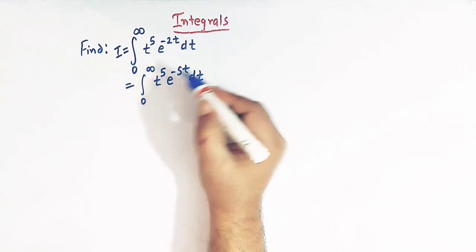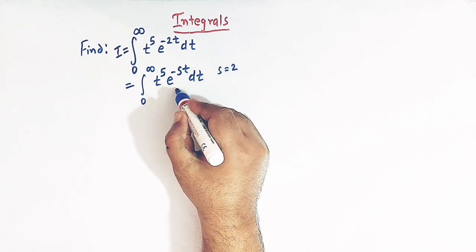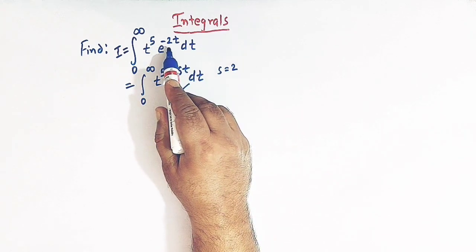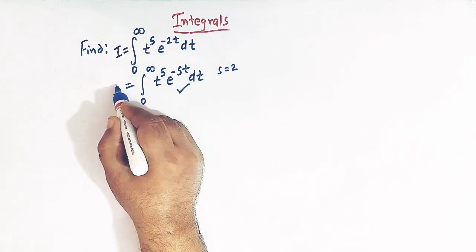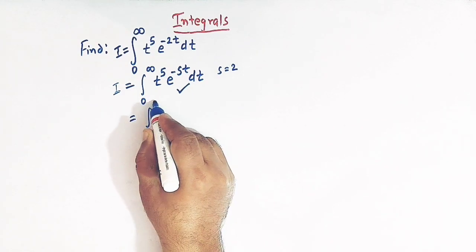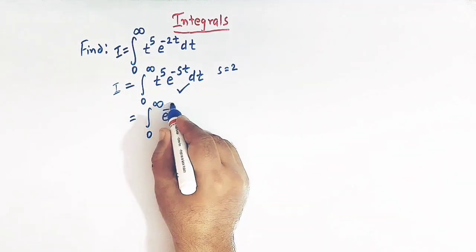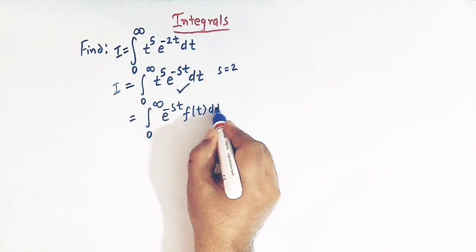In other words, if we take s equal to 2 in this integral, then we will get the original one. So now we have this integral. Now let us write this integral as 0 to infinity e raised to minus st and f of t dt.